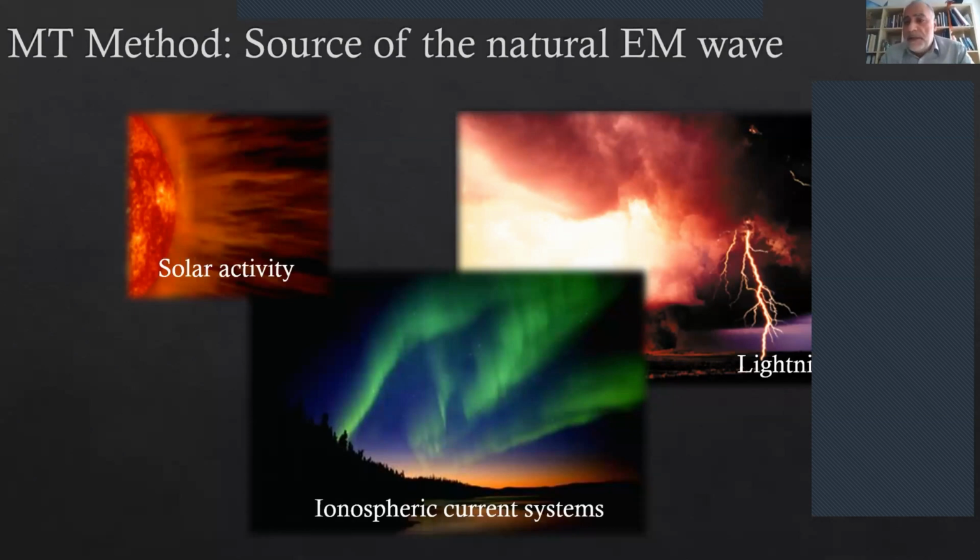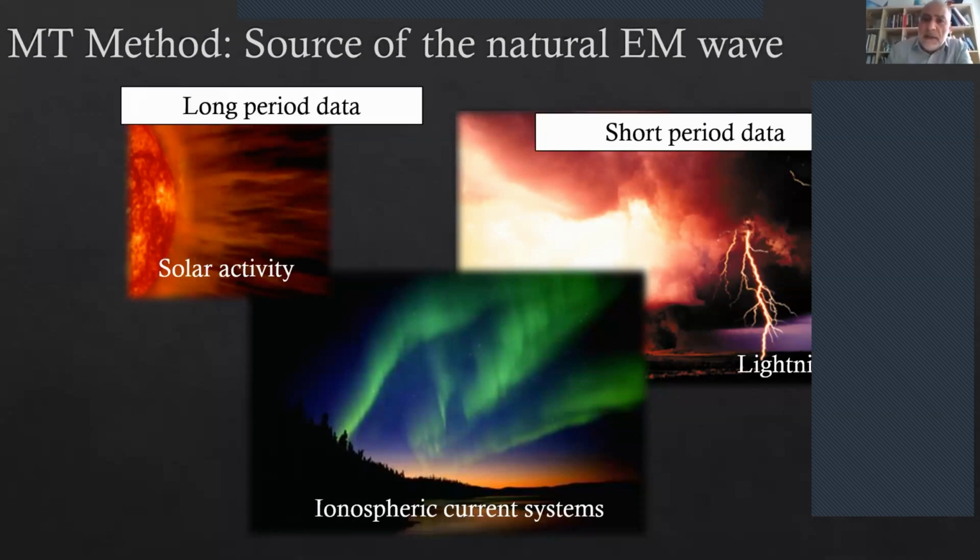The other source is lightning. Looking at the period or the wavelength from these two kinds of natural electromagnetic source, we can distinguish between long period data and short period data, and they are very important in our magnetotelluric measurement.